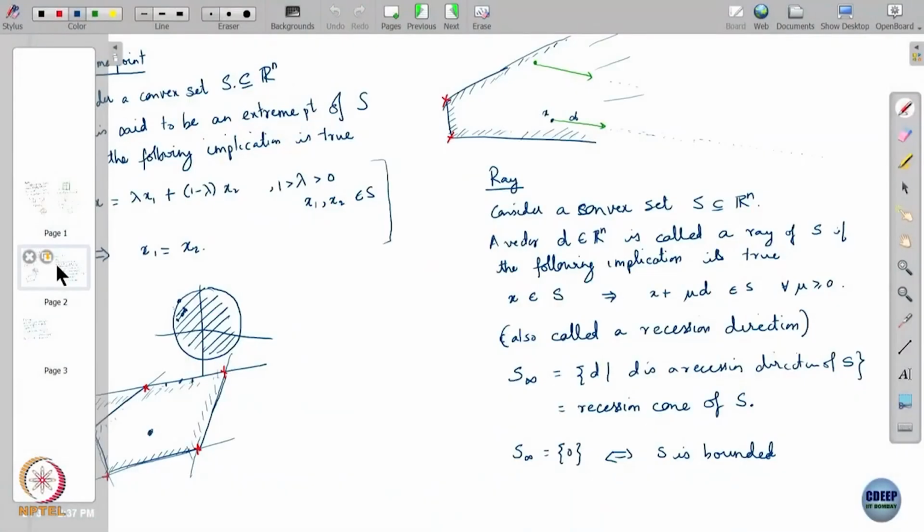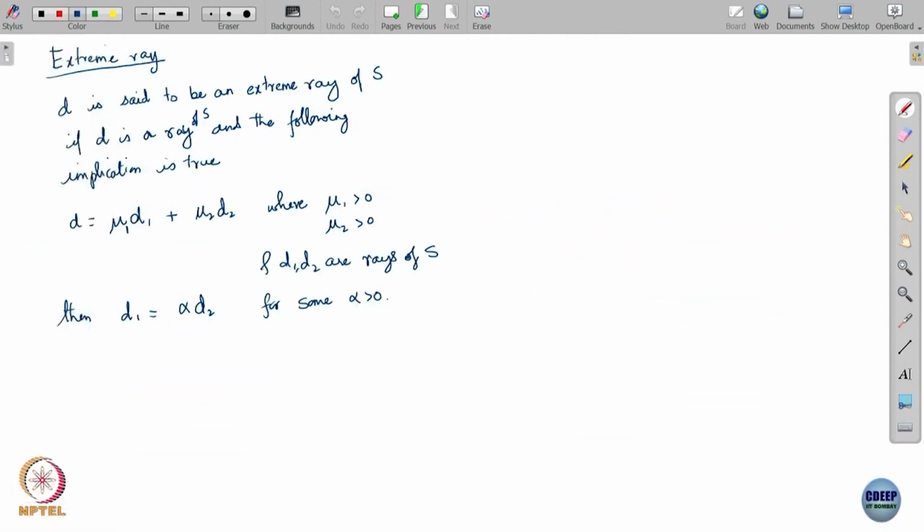So, go back to the definition: a vector D is called a ray if the following implication is true. When you are adding the rays, you just add them as vectors. If you happen to be able to write D as a conic combination of two rays, then it has to be that the two rays are coincident. In that case, we say that the ray D is an extreme ray of the set S.